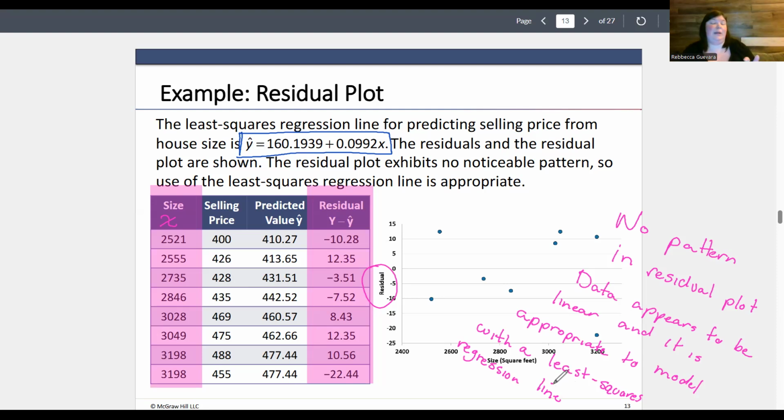So if we don't see any pattern in the residuals, we can assume that the data probably has a linear relationship.